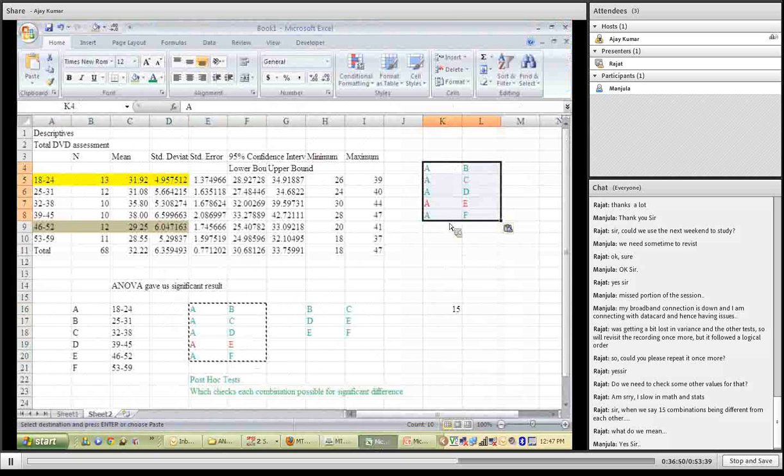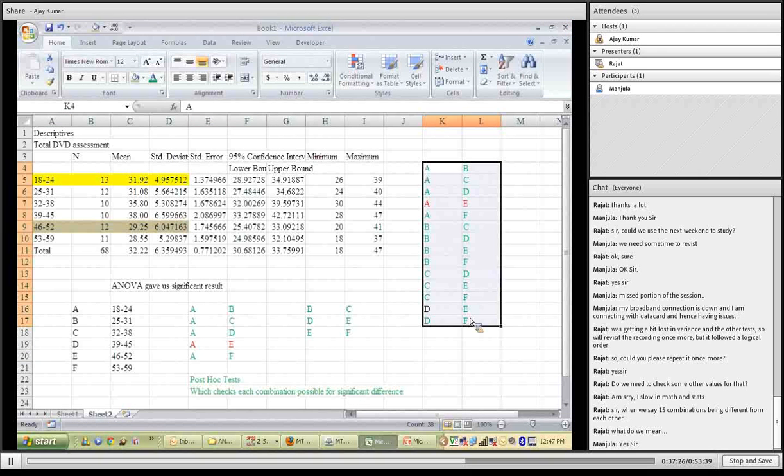Then I would say B to C, and then B to D, B to E, then B to F. Then I come to C to D, C to E, and C to F. And then D to E, and D to F. So these are the combinations that I can talk of when I am talking of 6 groups.